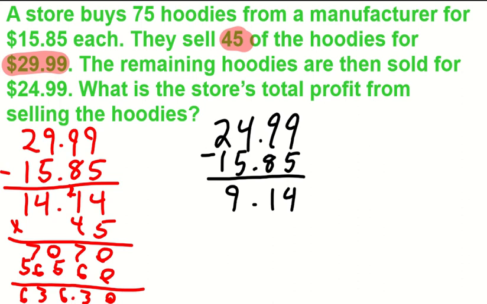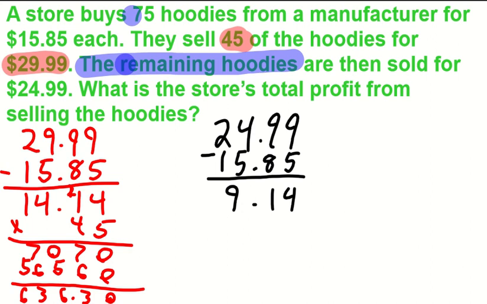We put the decimal in the right spot, I get $636.30. That's the profit for those 45 hoodies. Do the exact same thing for the other hoodies. The only kind of tricky part is it says the remaining hoodies.